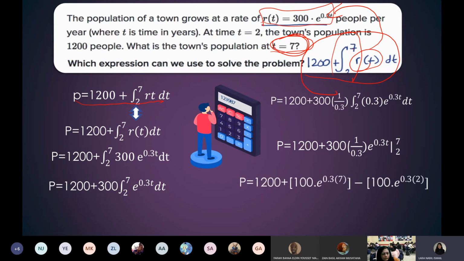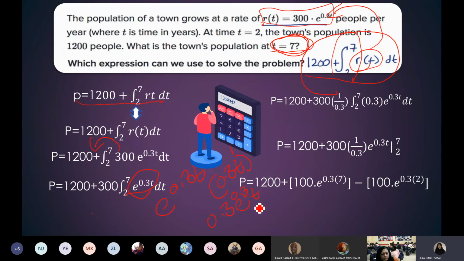By shifting the 300, and then applying the integration rule, we should find the antiderivative of e raised to 0.3t. The derivative of e raised to 0.3t is 0.3 e raised to 0.3t.